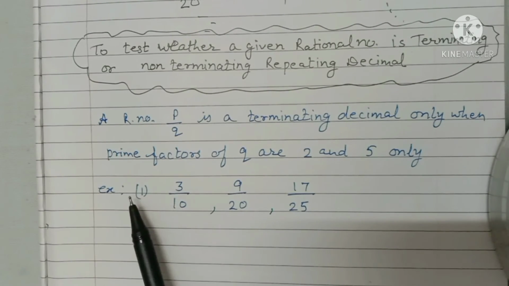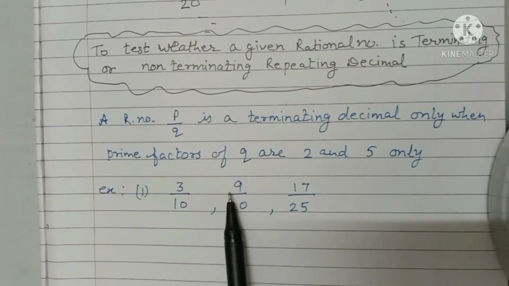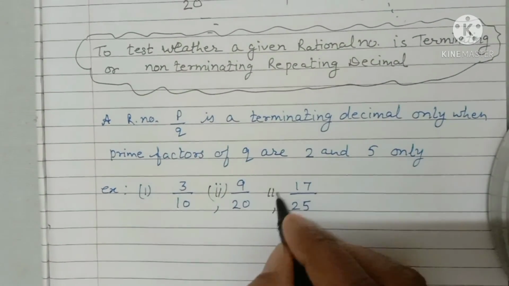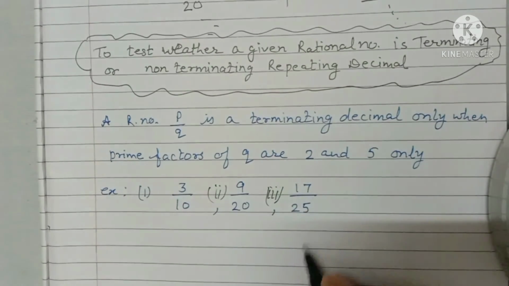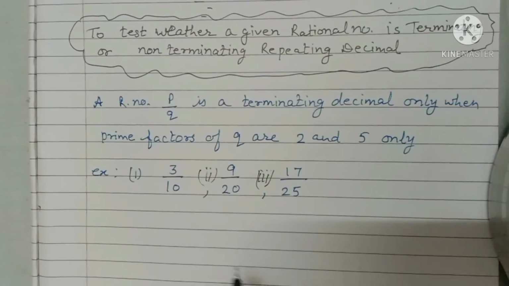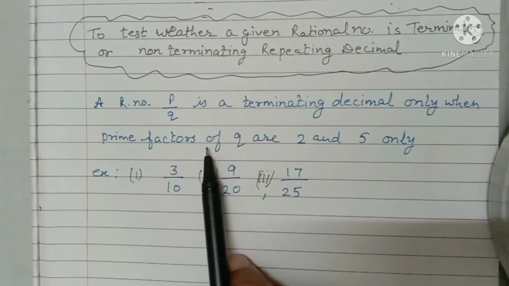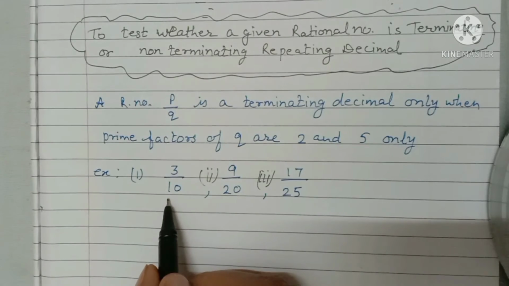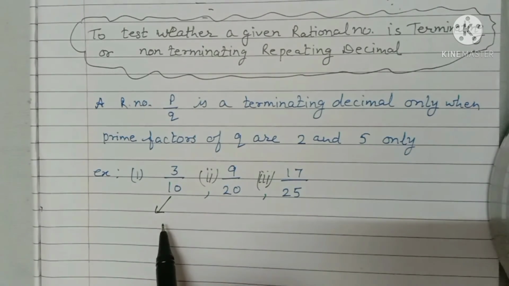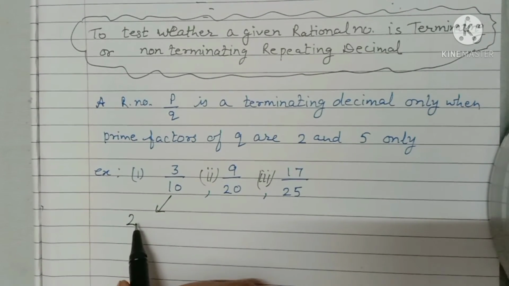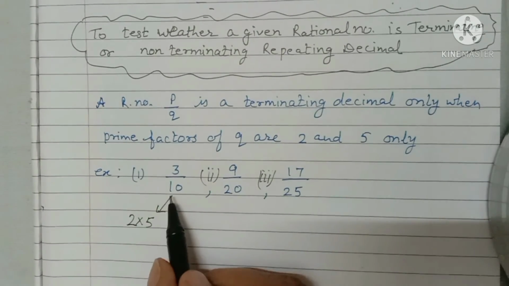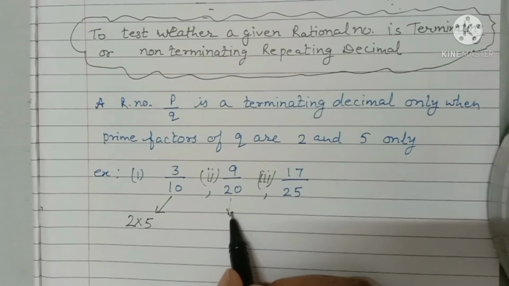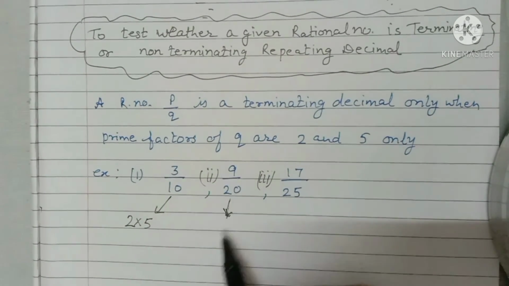3 examples are there. First 3 upon 10, second is 9 upon 20, and third, 17 upon 25. What the definition said: prime factors of q. So in the first part q is 10, the prime factors of 10 are 2 and 5. And what are the prime factors of 20?